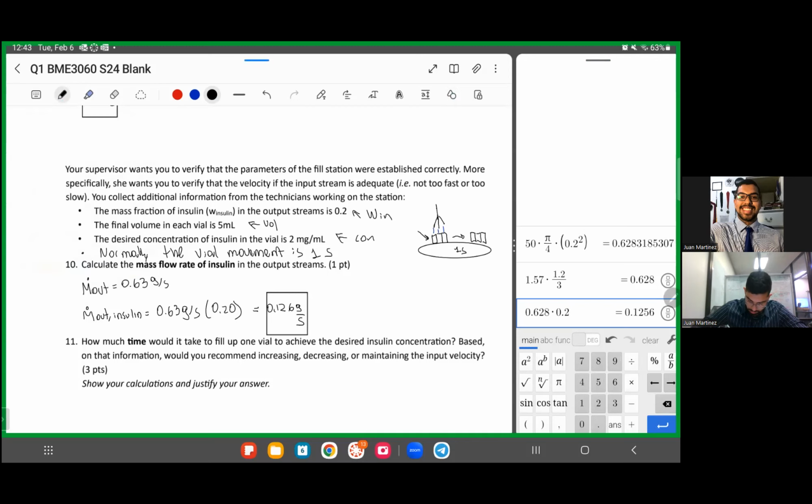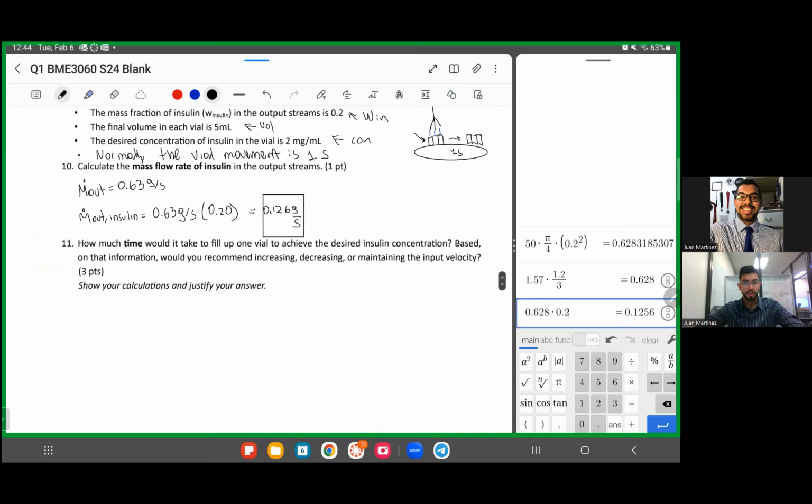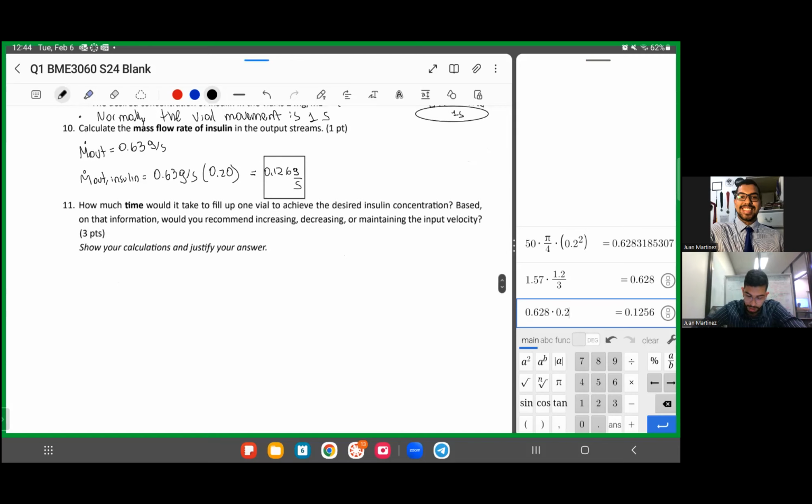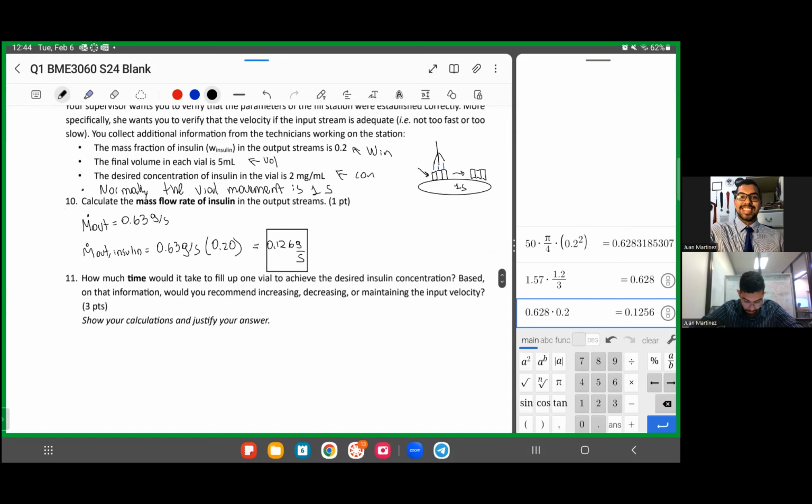Let's keep going. Okay, so final question. How much time would it take to fill up 1 vial to achieve the desired insulin concentration? So you have to use concentration, the vial volume, maybe the mass going out. Based on that information, we recommend increasing, decreasing, or maintaining the input velocity.